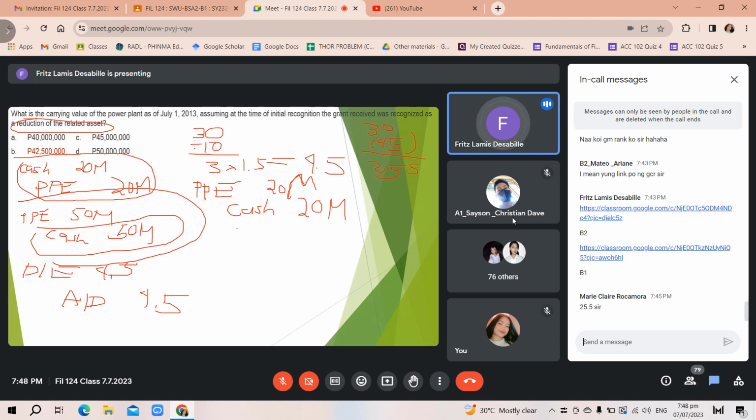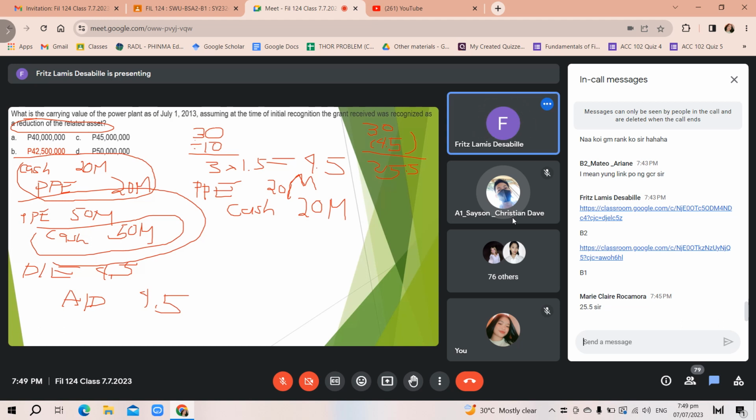I butchered it a little bit, but that's the gist. How much depreciation should we have recognized in total for 1.5 years if we had not deducted the 20? 7.5. Yes, correct. Very good.